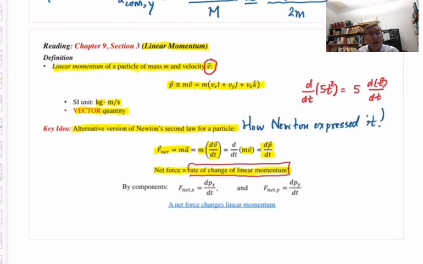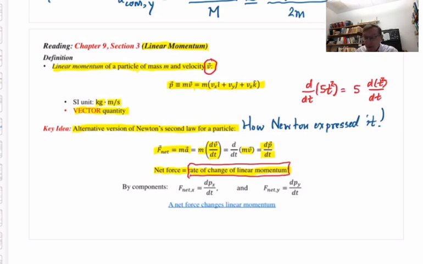That's what Newton expressed. If there's a net force on a particle, the particle's linear momentum will change. And in fact, that net force will equal the rate at which that linear momentum will change. That's what Newton expressed.